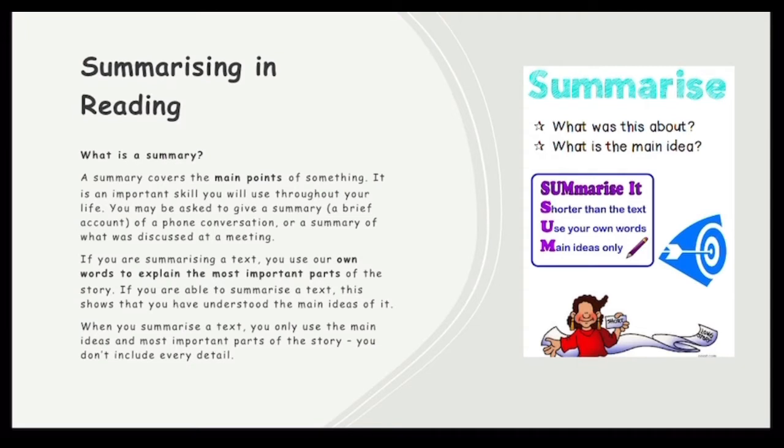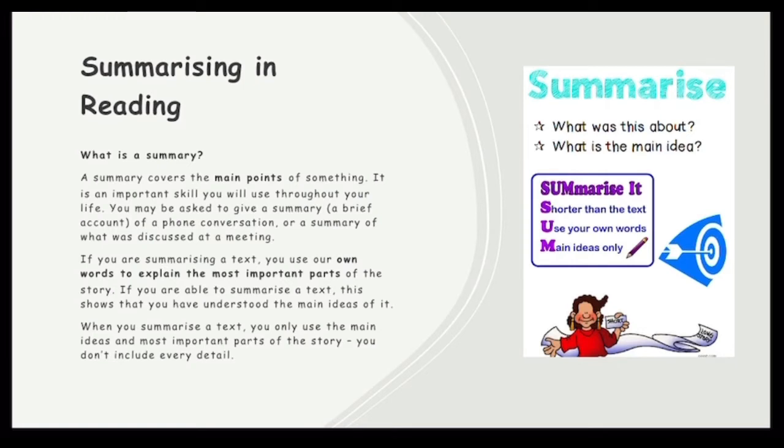If you're summarising a text, you use your own words to explain the most important parts of the story. And if you're able to summarise a text and think about what the main ideas are, this shows that you have really understood what you have read. When you summarise a text, you only use the main ideas and the most important parts of the story, and you don't need to include every detail.